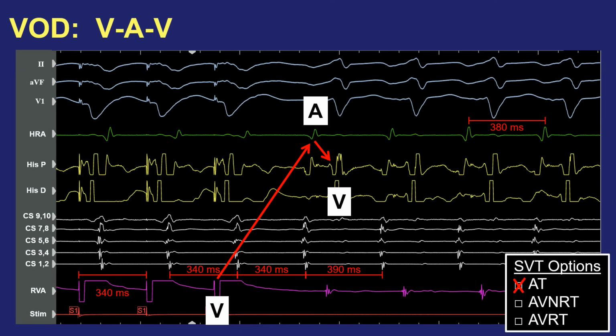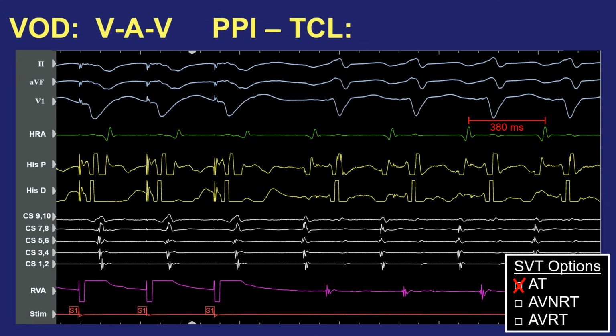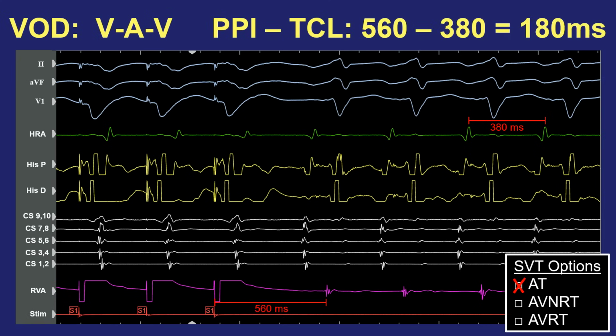And then let's think about the post-pacing interval measurement and see if that's helpful to distinguish AV node reentry from AV-RT. Here is the post-pacing interval. It's quite long, 560 milliseconds. So if we do this calculation, 560 minus the tachycardia cycle length, 380, is 180 milliseconds, significantly longer than that 115 millisecond cutoff.